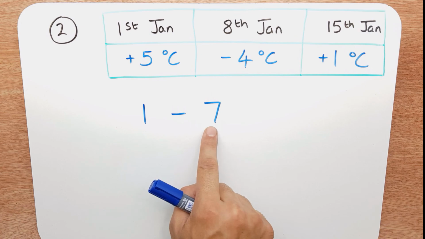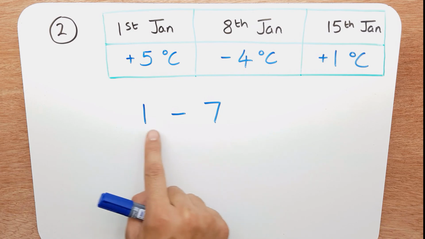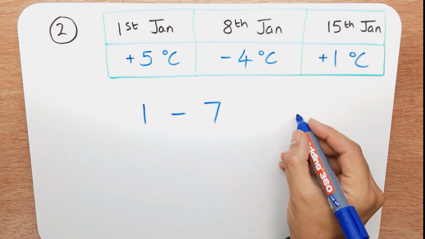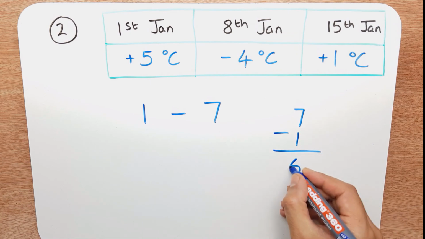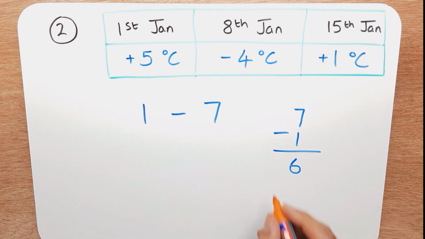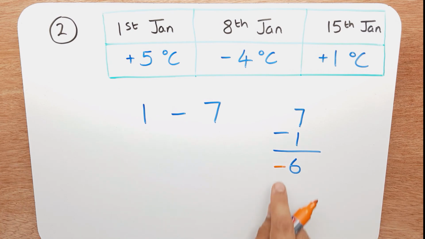Now with these sort of questions where this number is bigger than this number, what I like to do is swap these two around. So what I do is 7 take away 1, which is 6, and then I simply stick a minus sign in front of it, a negative sign.